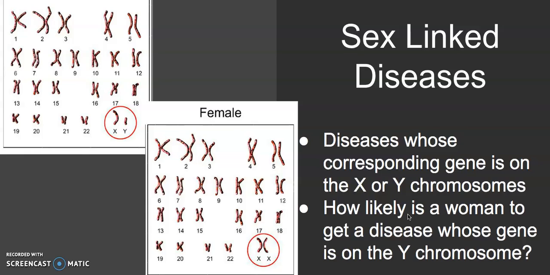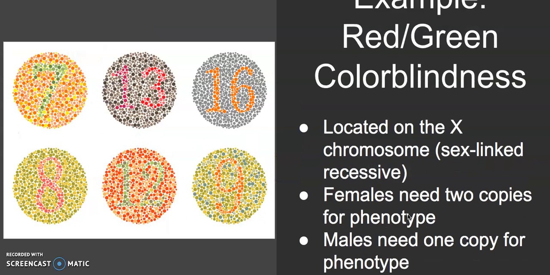There's no chance of a woman getting a disease on the Y chromosome because they don't inherit a Y chromosome. But males are more likely to get diseases that are located on the X chromosome because they have no other chromosome to compensate for any possible deleterious alterations.